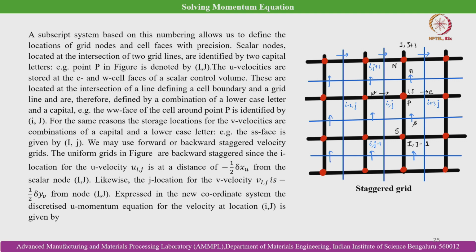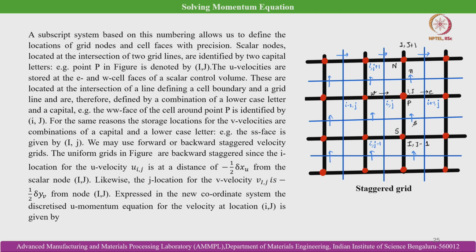The analogous locations of the nodes are marked here by the smaller i j, whereas for the scalar variables like pressure and temperature it is marked as a capital I J. The u velocities are stored at the east and west cell faces of a scalar control volume.